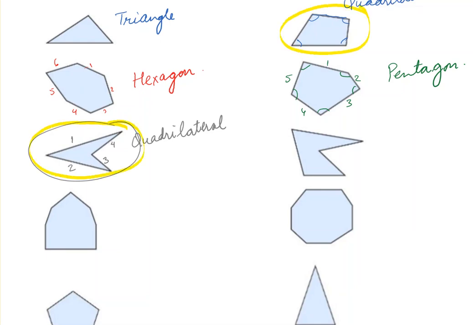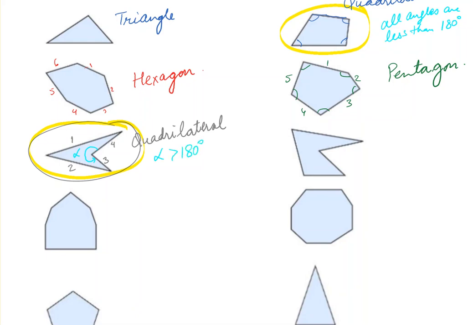So if we compare these two, in this one we see that all angles are less than 180 degrees. But here you will notice that one of the angles, let's call this alpha, angle alpha is greater than 180 degrees.